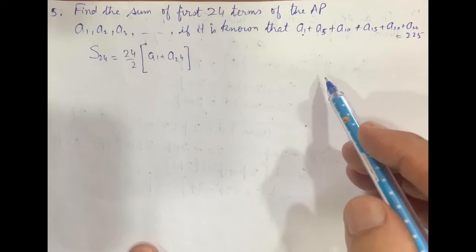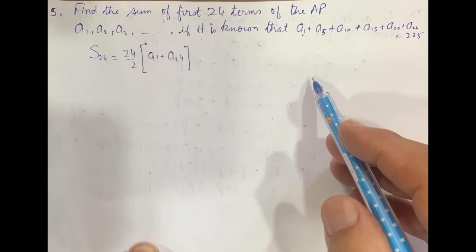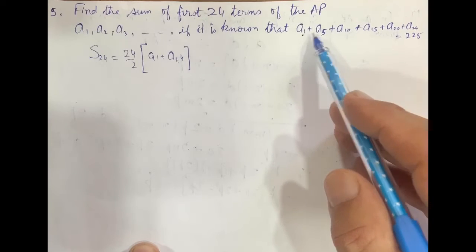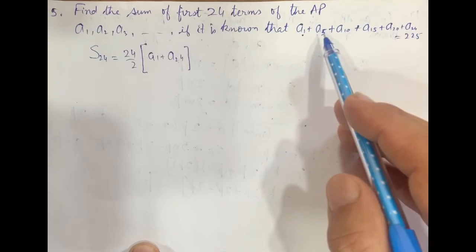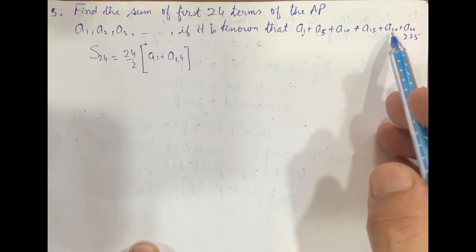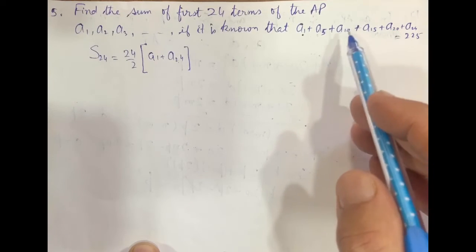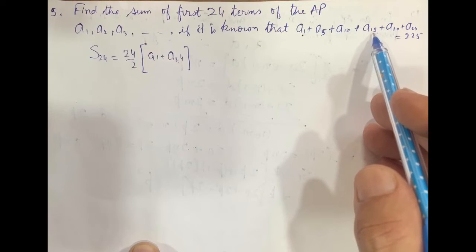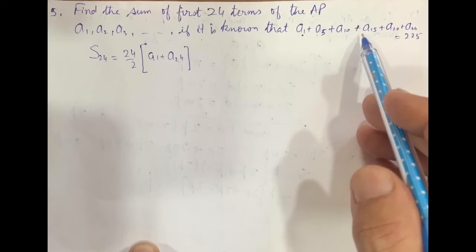In any AP, the sum of terms equidistant from the beginning and end is always constant. So the sum of first term and 24th term is the same as the sum of fifth term and 20th term. The 20th term is the fifth term from the end. Similarly, the sum of 10th term and 15th term. The 15th is the 10th term from the end.